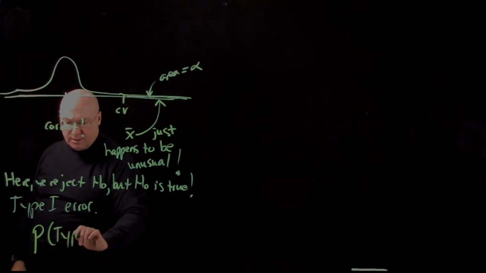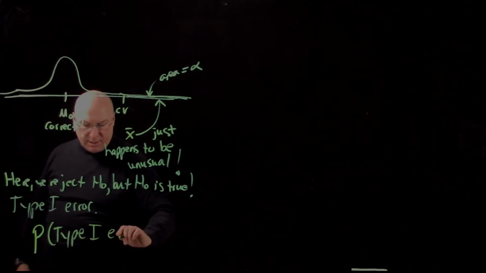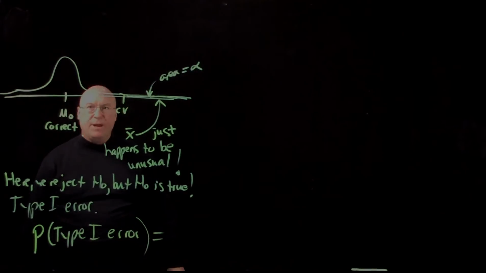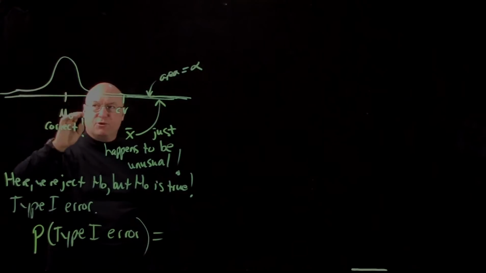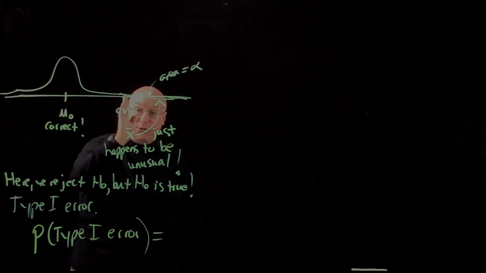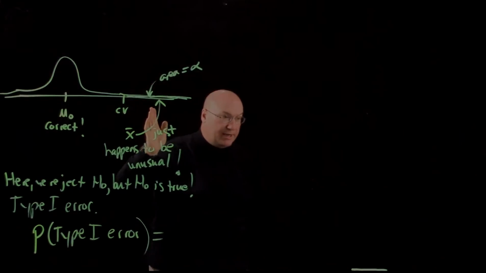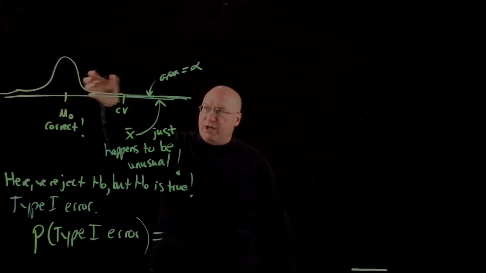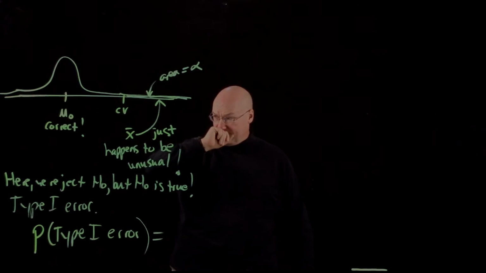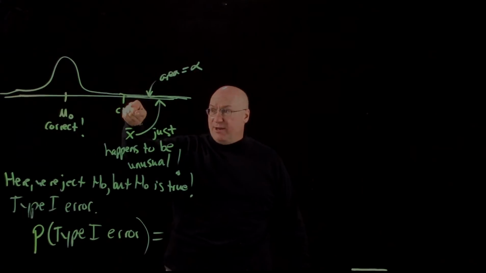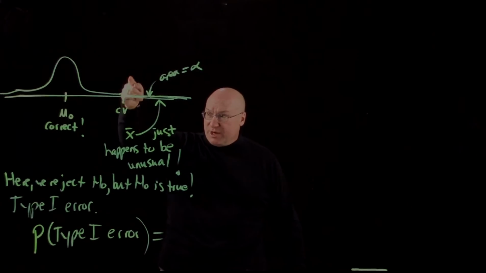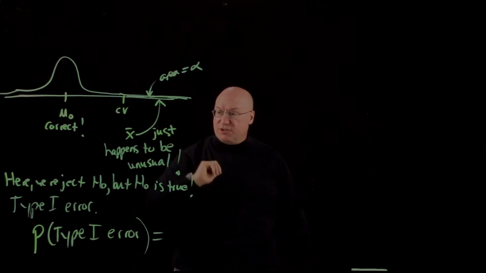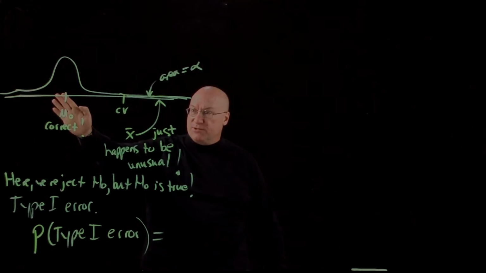Probability of type 1 error is actually pretty easy to see. If the null hypothesis is true, we always draw the curve assuming the null hypothesis is true, right? And then if we get an unusual value, that makes us think the null hypothesis was false. So standing right here is the cutoff value, the critical value beyond which I'm going to declare this to be unusual, assuming the null hypothesis is true.